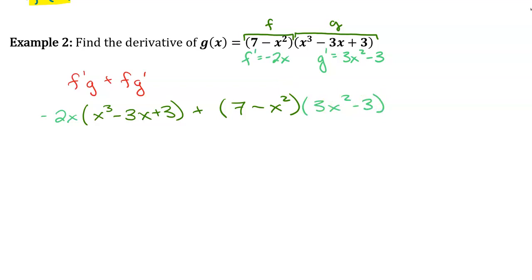So this whole thing would be our derivative of the whole thing. And we would multiply individually and simplify.